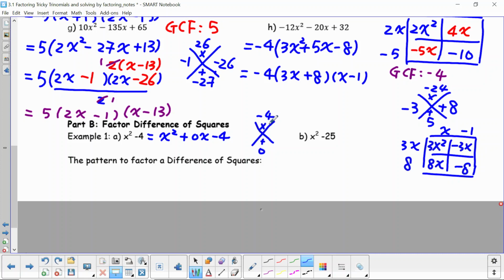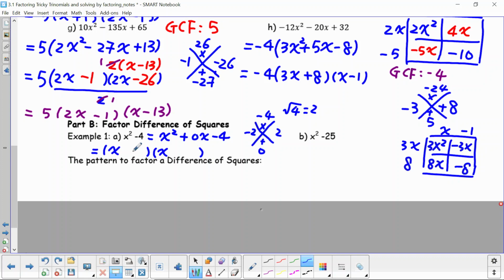So how to find two numbers same but with different sign? The square root of 4. You will have 2. So positive 2, negative 2, 2 times negative 2 gives you negative 4, add together is 0.